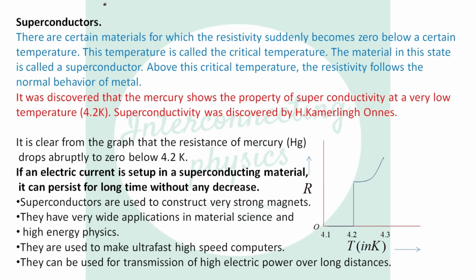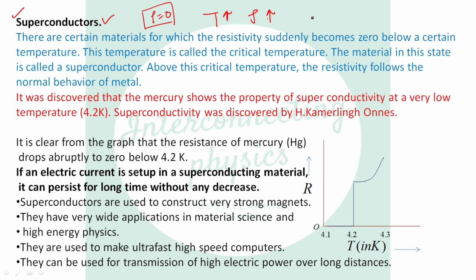Now what are superconductors? Even superconductors in 12th class physics is not so vast a topic, but for a 2 marks or 3 marks question you may be asked in your examination. So what are superconductors? Okay, there are certain materials for which resistivity suddenly becomes zero. We already studied when temperature increases, resistivity increases.